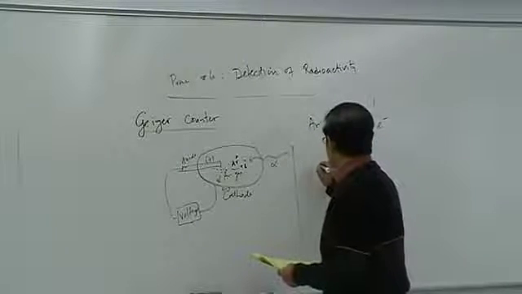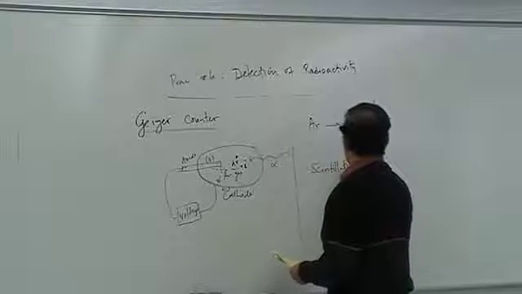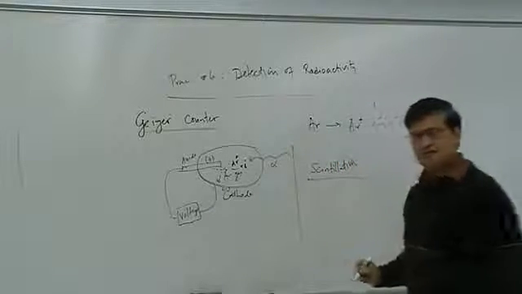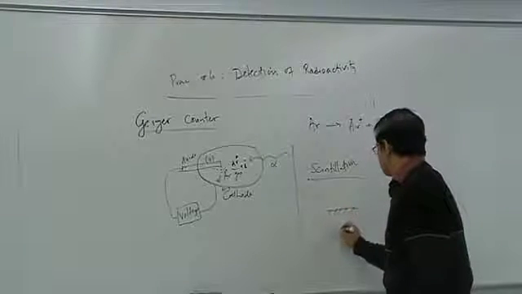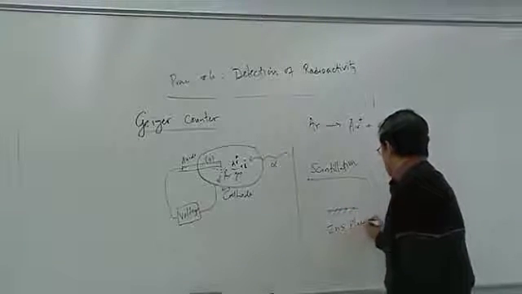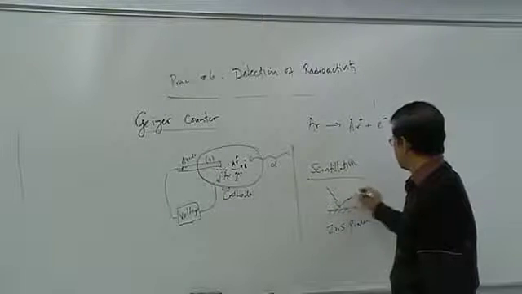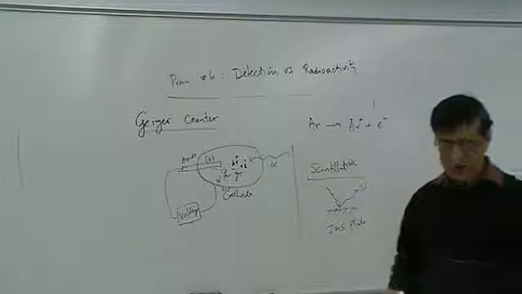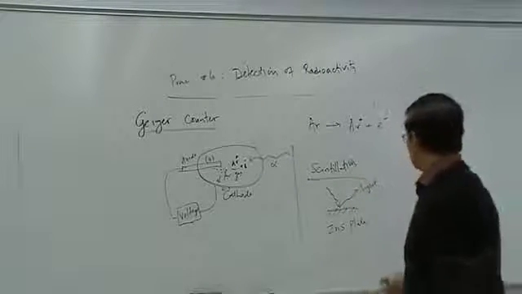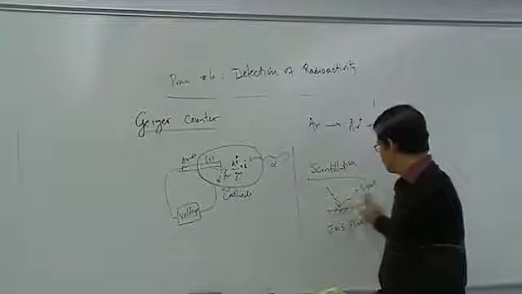We call it the scintillation counter. In a scintillation counter, you'd have a zinc sulfide plate. When a radioactive substance strikes this plate, it gives light. Again, your detection is based on the light that comes out of here.